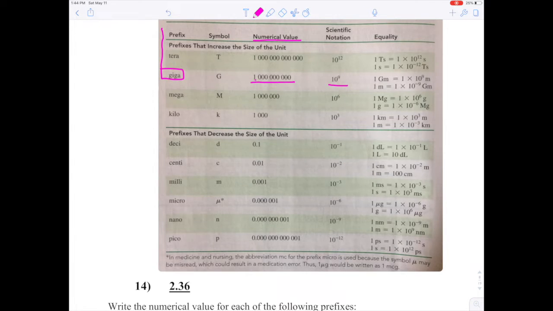So 10 to the 9th power is telling you that you're going to take the decimal point here and move it over 9 times, until you get 9 zeros. So 10 to the 9th and 1, 0, 0, 0, 0, 0, 0, 0, 0, 0 are the same number. This is just maybe a more convenient, concise, clear way to write that number.